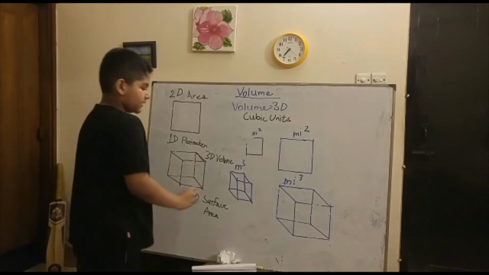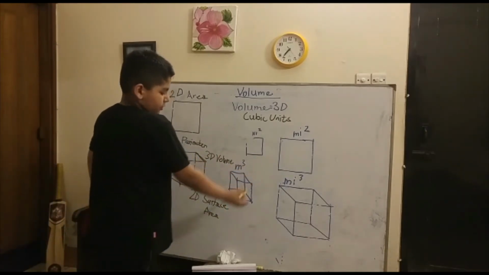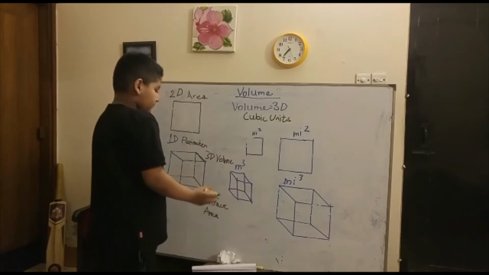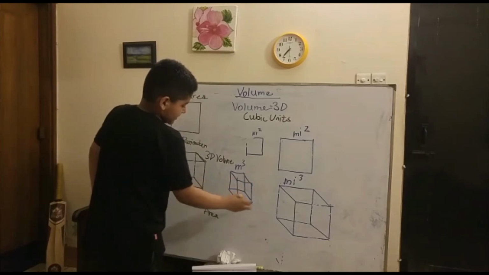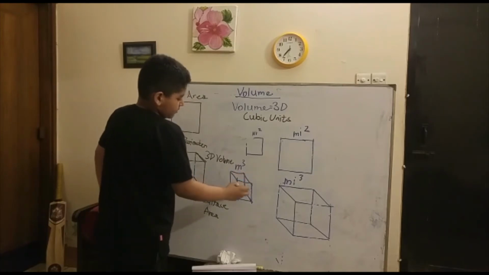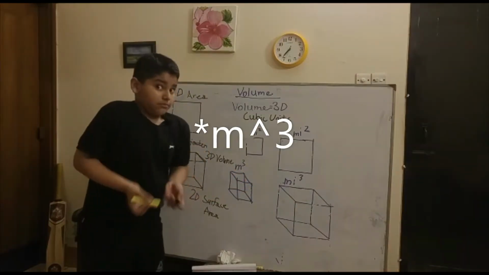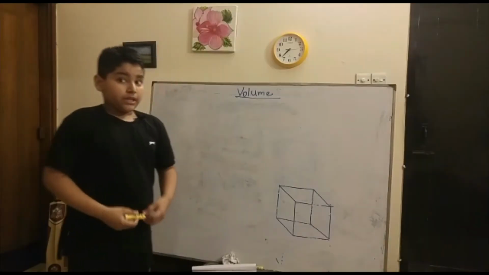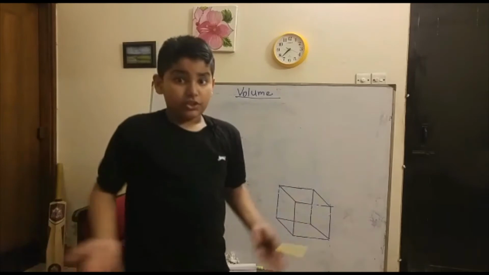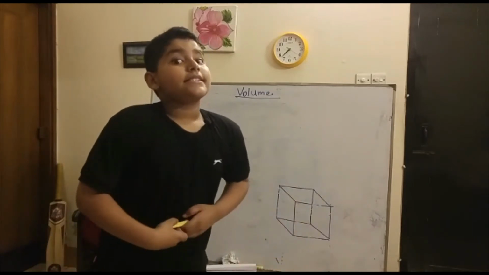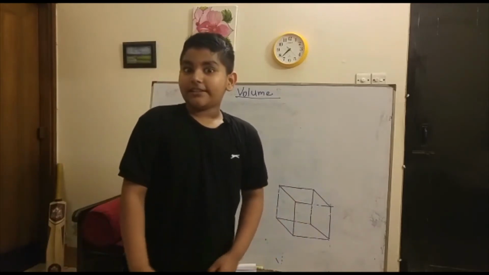So, like in a cube with a side of one meter, one of its surface areas would be meters squared. So now that we know the units that are used, let's see how to calculate it.